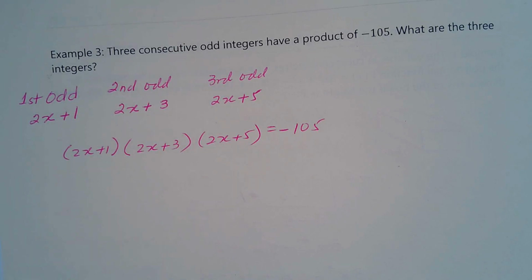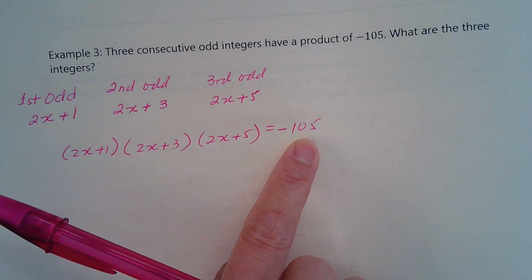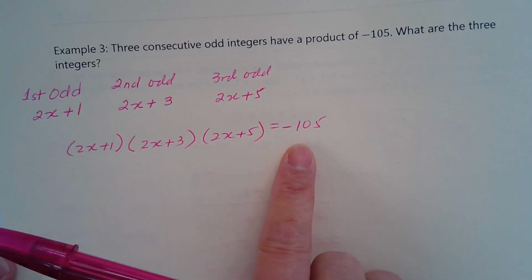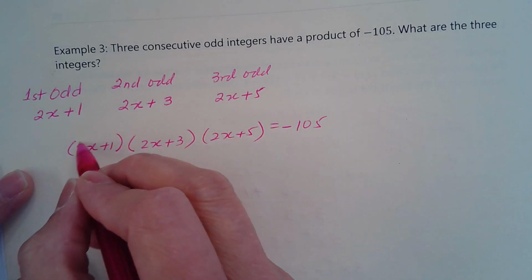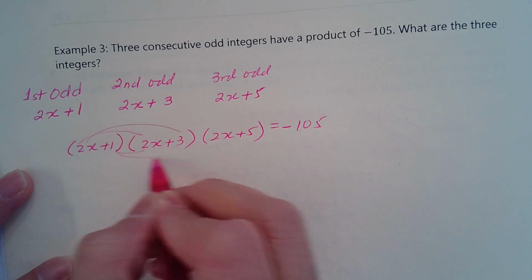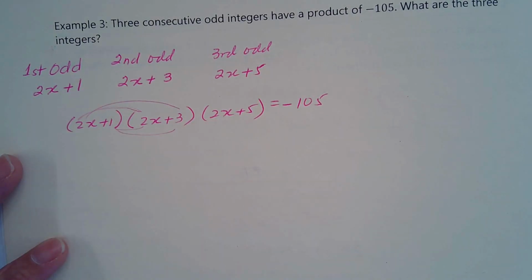So what are we going to do next? We're going to make one side equal to 0 to solve for x. But how do we do that? We're going to expand it out. Let's expand all these three factors.